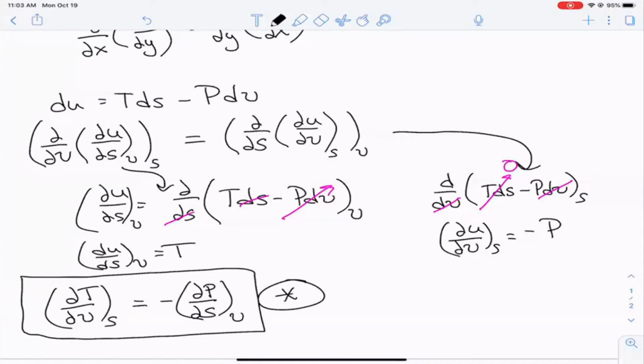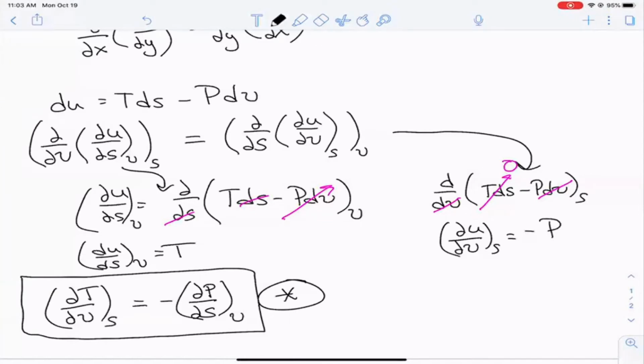Okay? And one of the nice things about Maxwell relations is that, yes, they're often used to find values given very difficult differentials, but they're also used to eliminate entropy a lot.